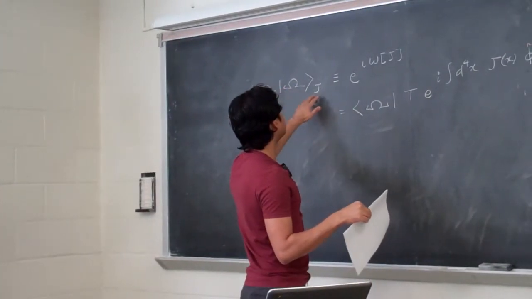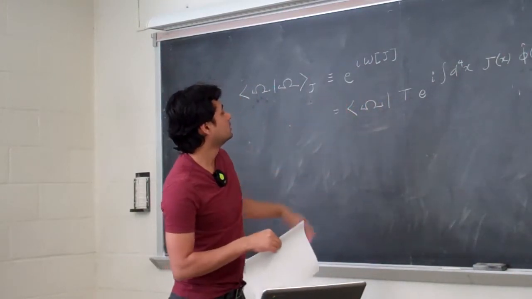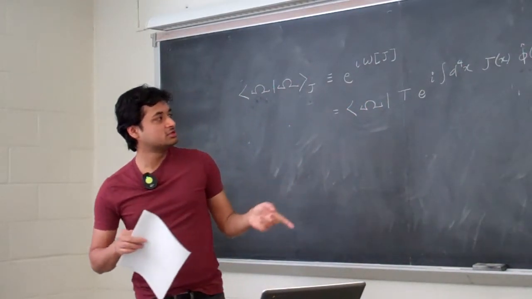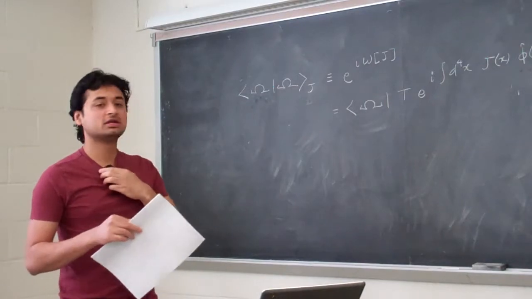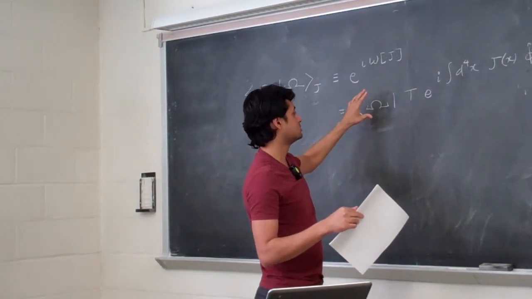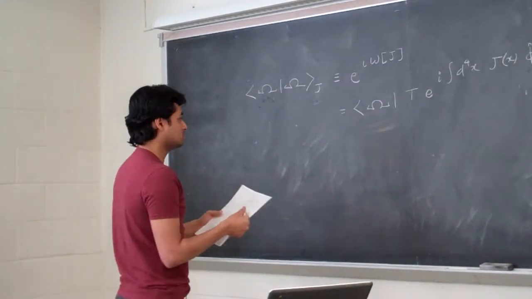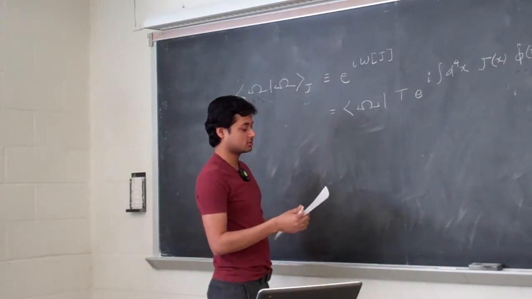But you calculate this in the presence of J. This was this quantity, and maybe we did show, or I will show, that you can calculate all the correlation functions from this quantity. So this was somehow the block from which you could get all the interesting quantities that you wanted to calculate.